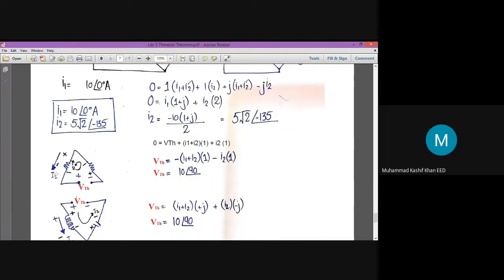When you solve this particular loop, you will get this equation. There will be no voltage rise because of the current I2. The VTH will be acting as a voltage drop. So there will be no voltage rise, only 3 drops. With the help of this equation, you can find the Thevenin equivalent voltage.